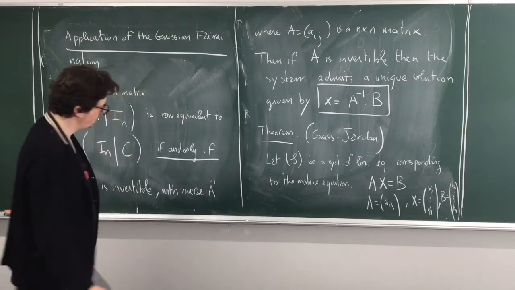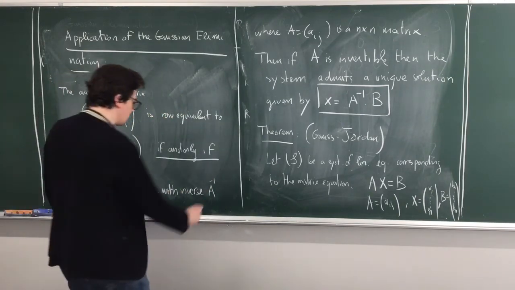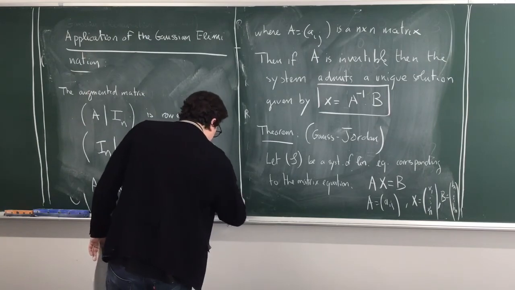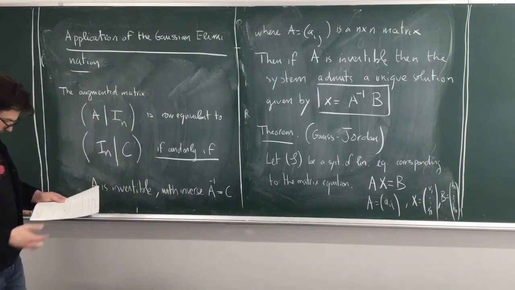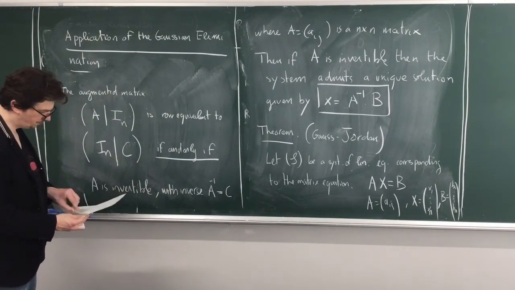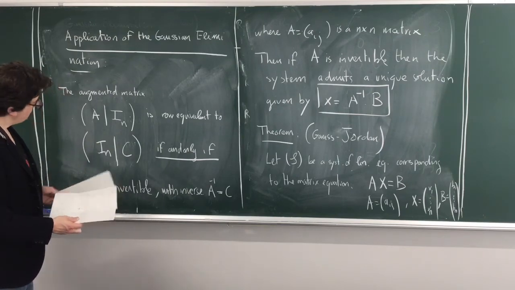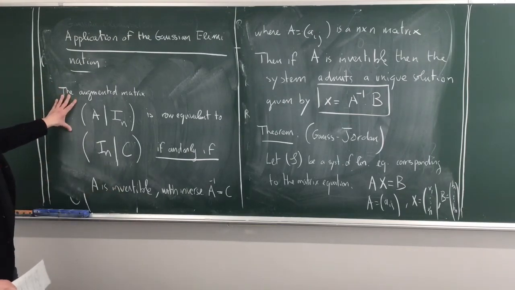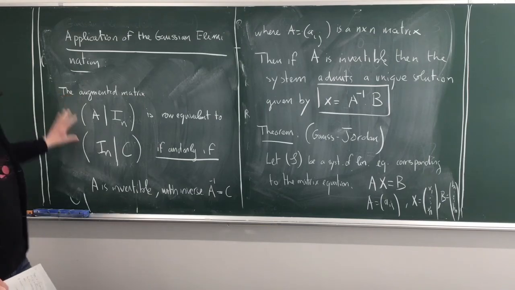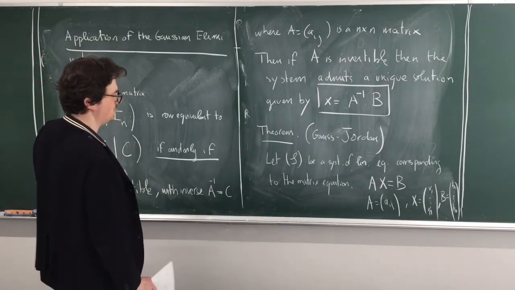So the inverse of the matrix is usually denoted A to the minus 1. This will be, in fact, equal to C. So this is the Gauss-Jordan method, in fact, to calculate the inverse of a matrix.